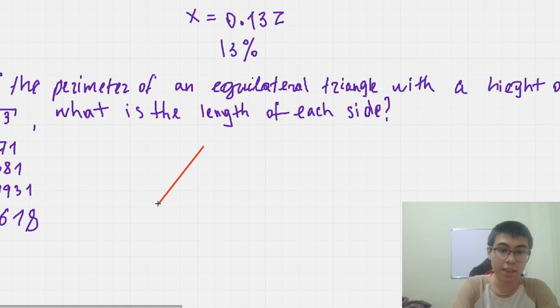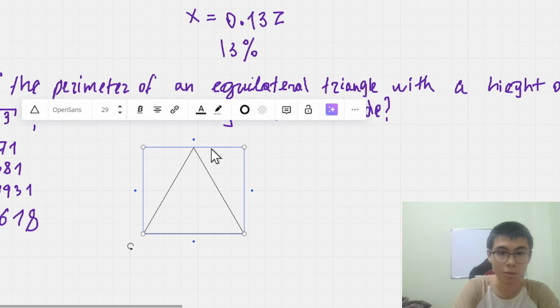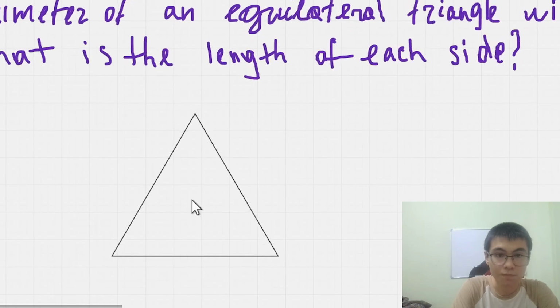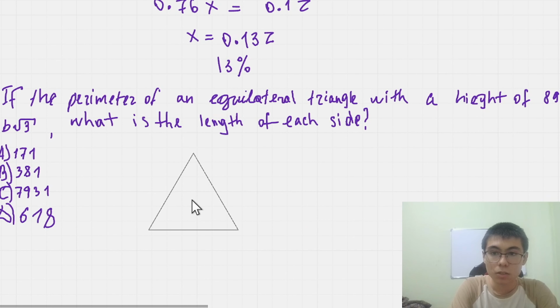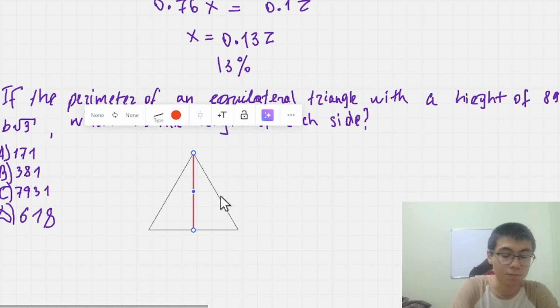So I'm gonna draw that here. Instead of that, let me use the shape tool, which is much better. Okay, and they're saying that it has a height of, let me use a line like this, 89 units.